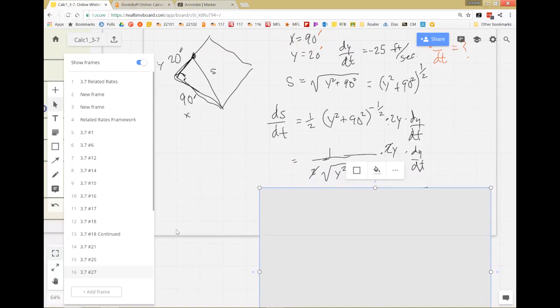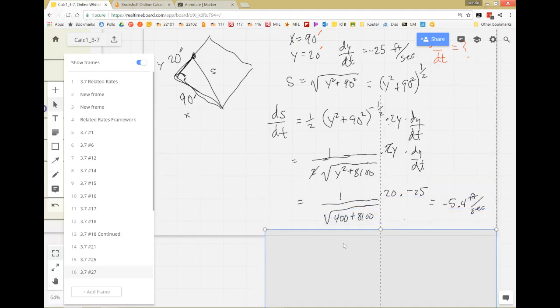Substituting in the given information. By the way, 90 times 90 is 8100. The 2 on the bottom nicely cancels with the 2 on the 2y. And then just substitute the numbers from up above in. y is 20, so y squared is 20 times 20, or 400.